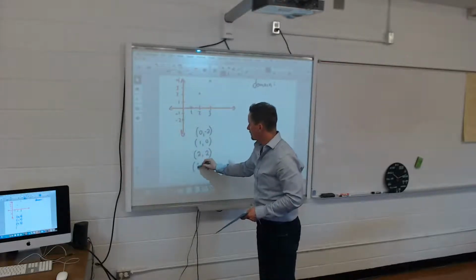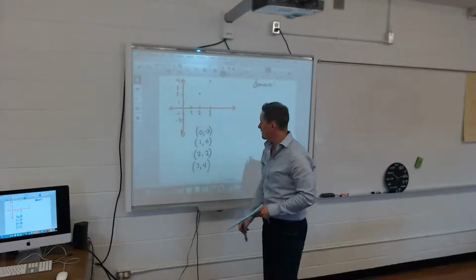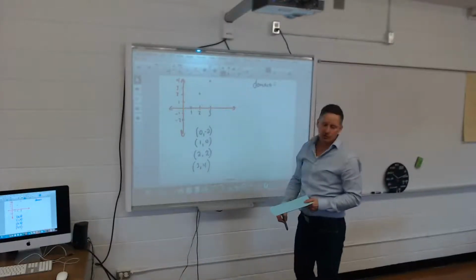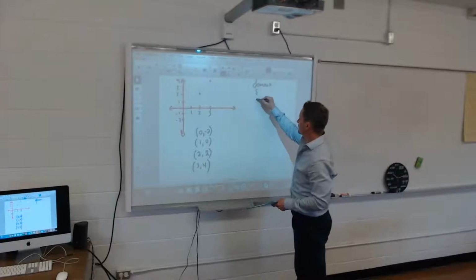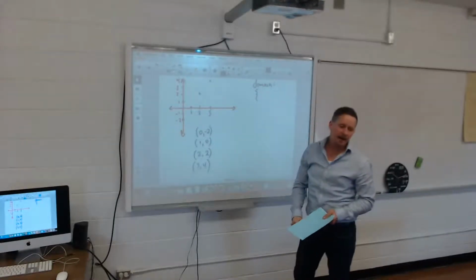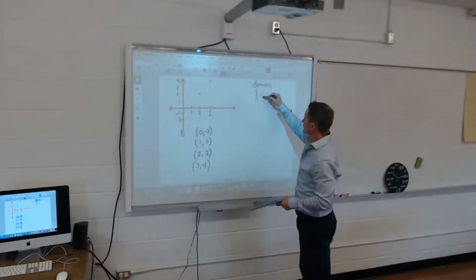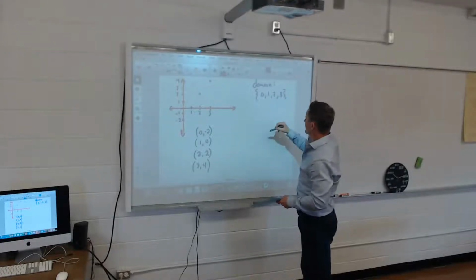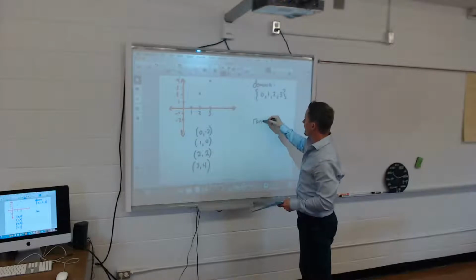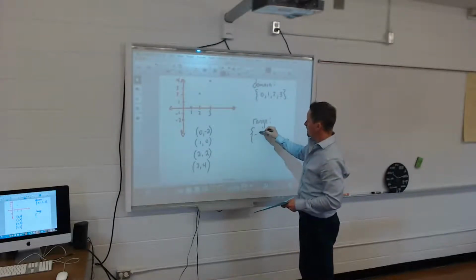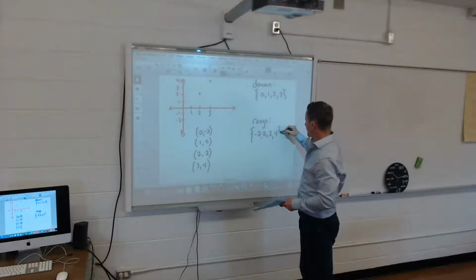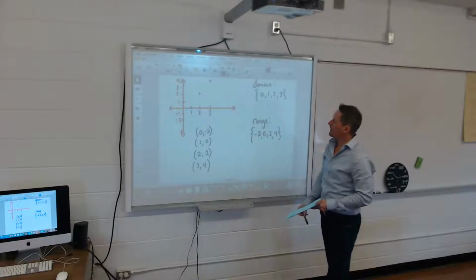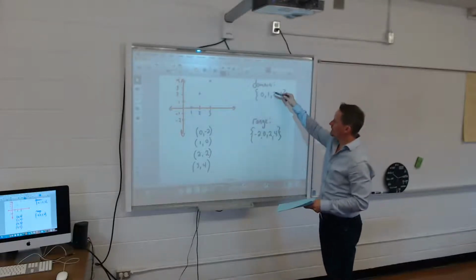And the fourth coordinate is 3 and 4. Okay? So if I was to list the domain, what are all my x values that are used? 0, 1, 2, and 3. Okay? And if I did the same for the range and listed them, -2, 0, 2, and 4. Okay, so if I asked you to list them, that's how I would list them.